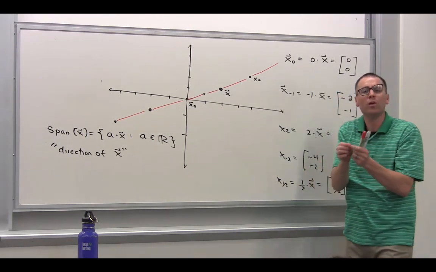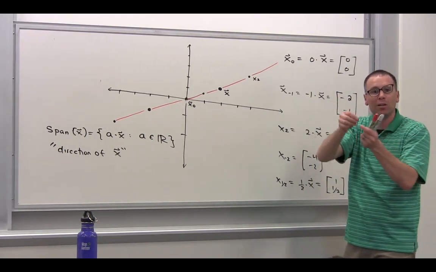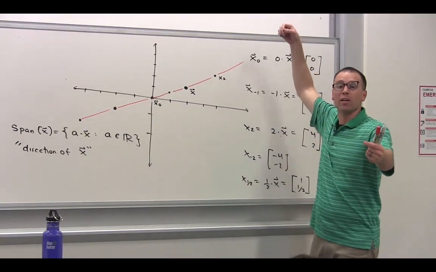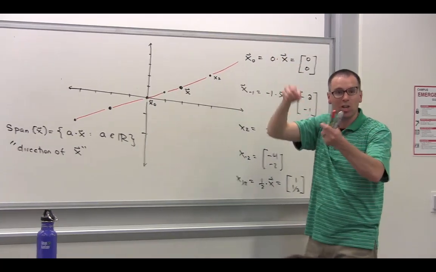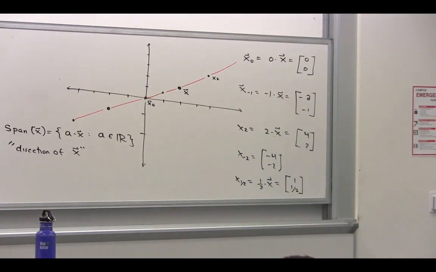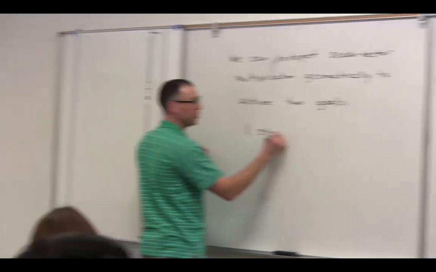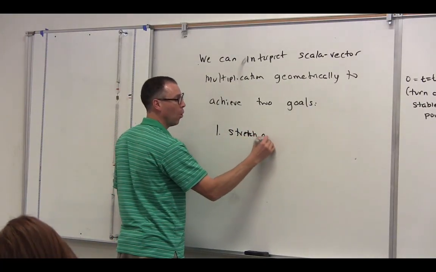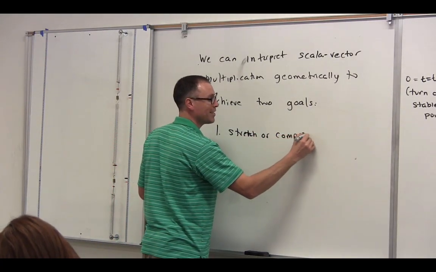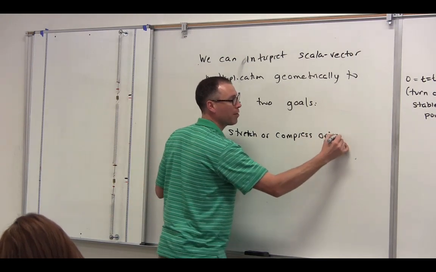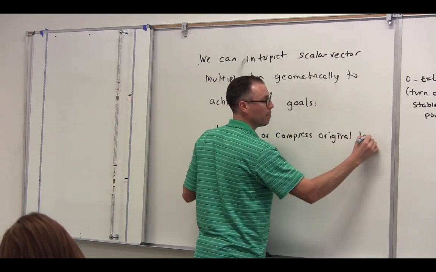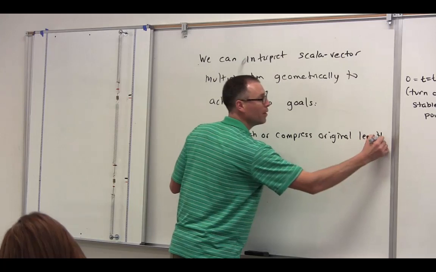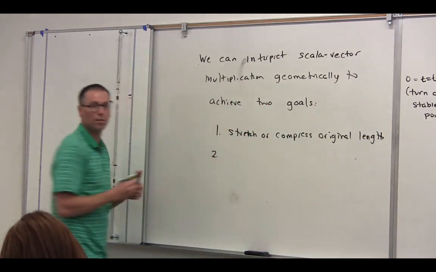So what are you doing when you multiply by some magnitude? You're stretching it or you're making it shorter. So one goal would be to stretch or compress the original length by some scalar, right? What's another thing we do?